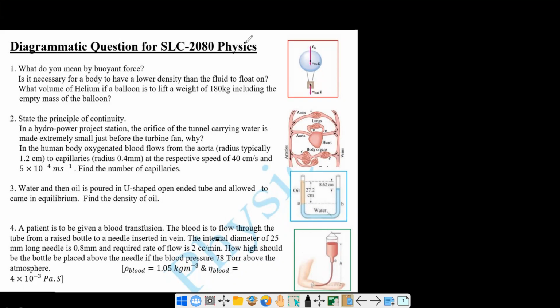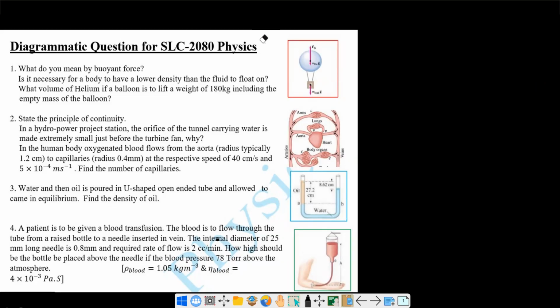You have to remember one very important concept about fluids: no matter what shape the container might be, suppose this is the container, such an irregular container, if you try to calculate the pressure in this region, pressure in here, pressure in here, pressure in here, everywhere the pressure is going to be the same in fluid statics.